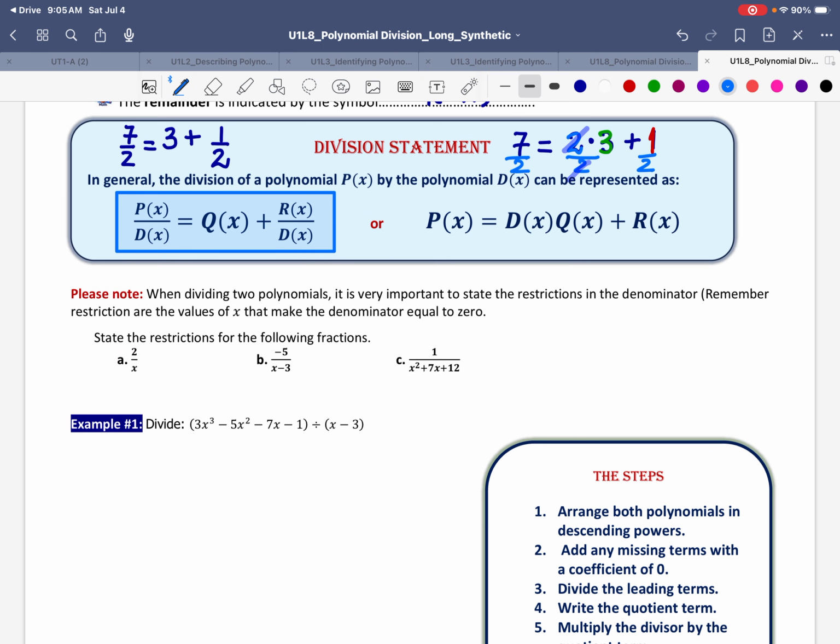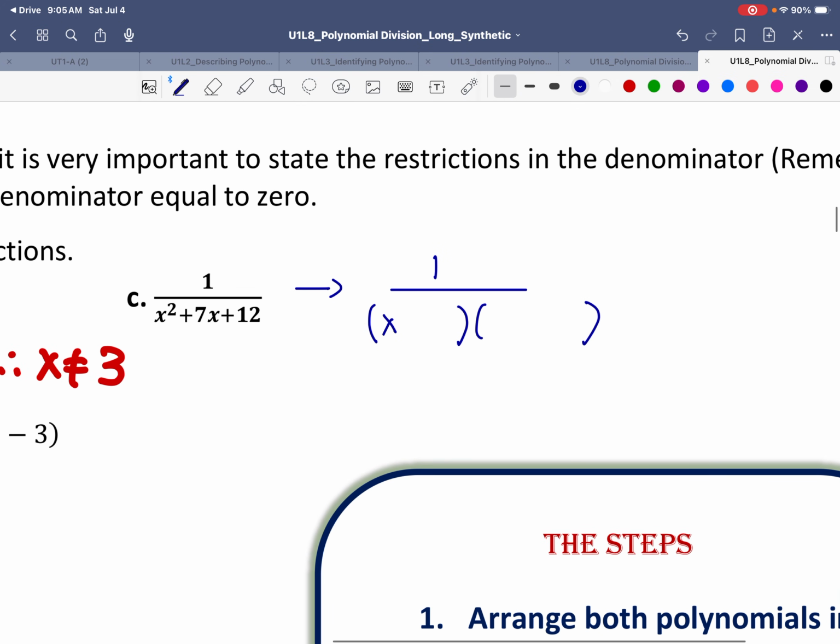So we're going to say that in this case, the denominator has just x, so x has to be different than 0. This denominator here has to be different than 0, which means that x has to be different than 3. And for this denominator, we have to do a little bit of work. The factored form of this denominator would be (x + 3)(x + 4), so you will have two factors.